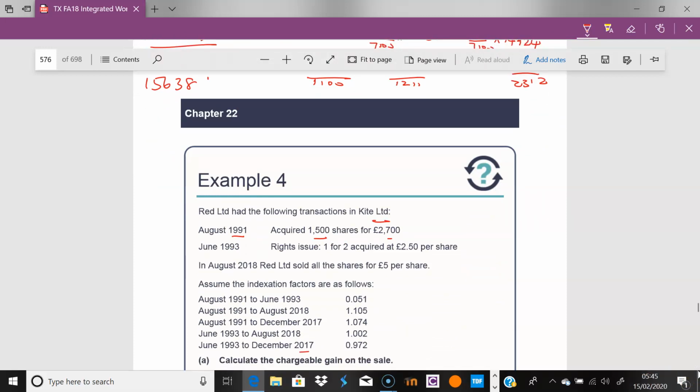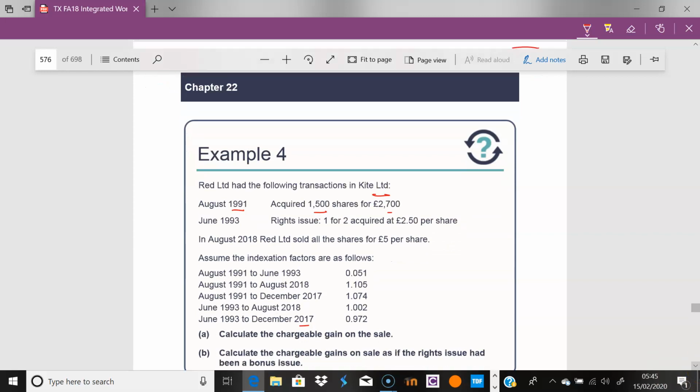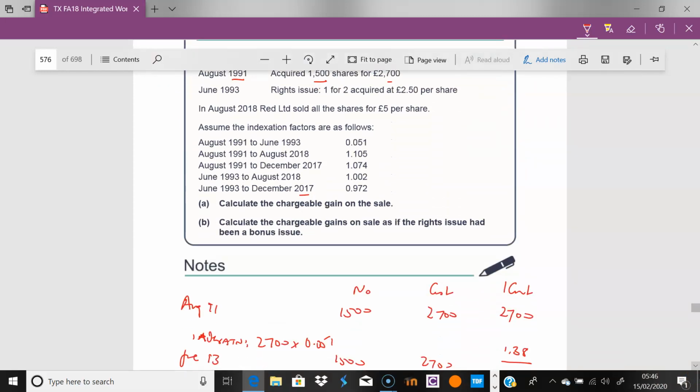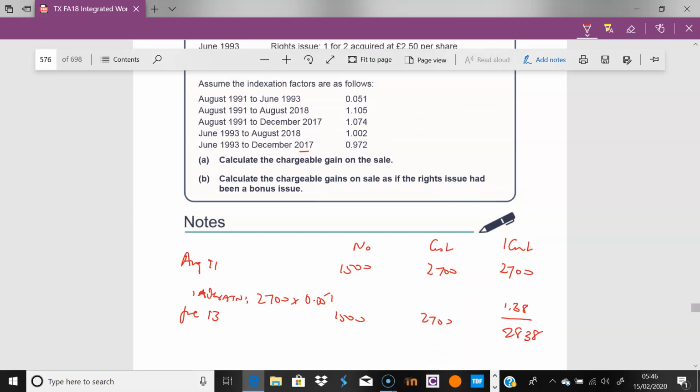so between then and December 2017, you will have another indexation up to that point, before sale. So we will call that, well, it's August 2018, but we will only index up to 2017. Let me see if you bought any more shares. Let me just check.